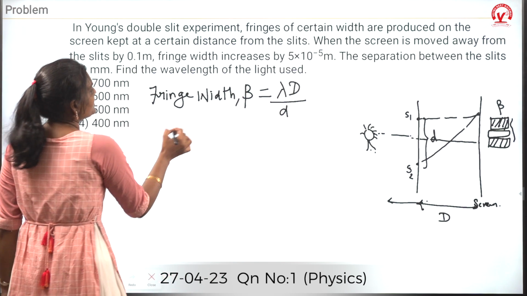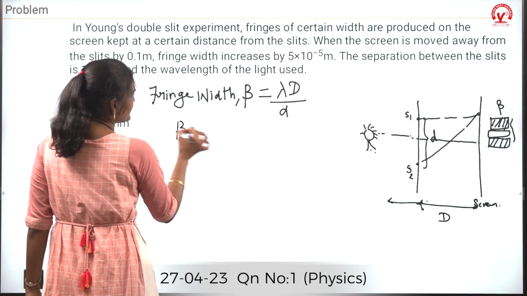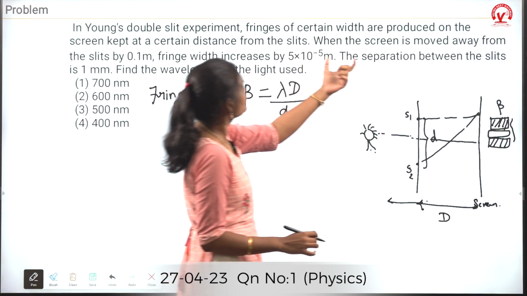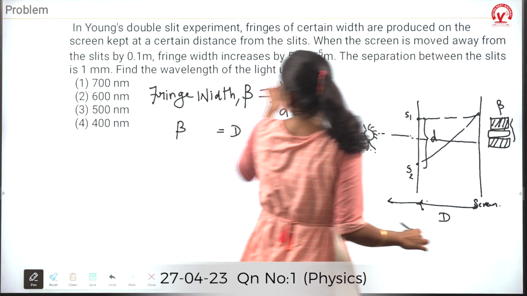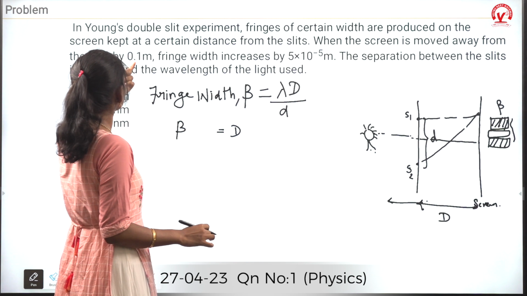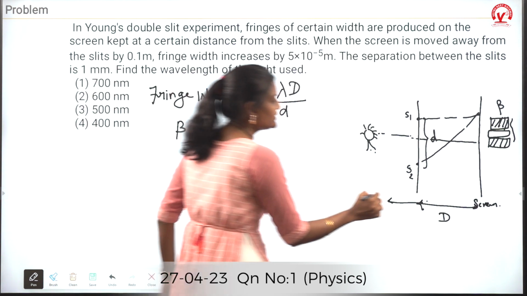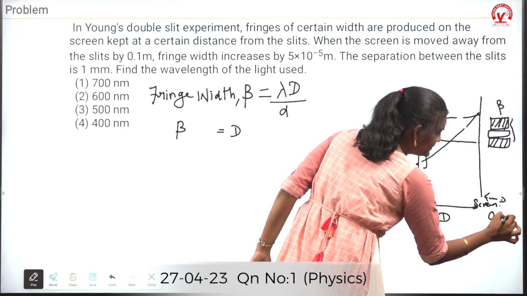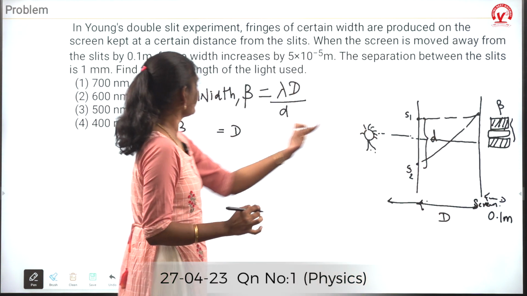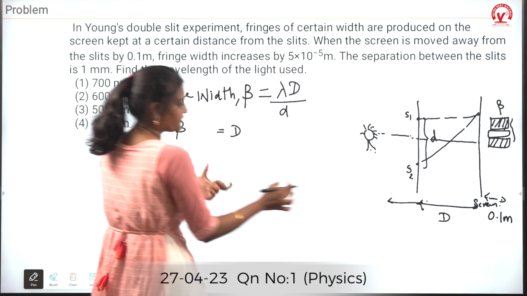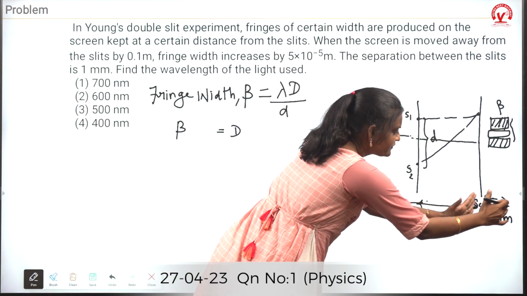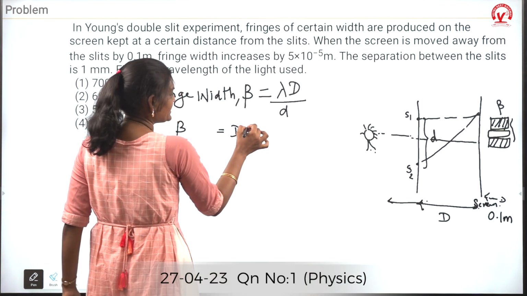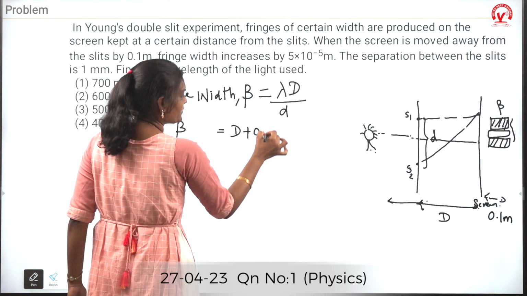They have given that the screen is moved away from the slit by 0.1 meter. Now the screen is moved a distance of 0.1 meter, so from this distance I am going to add D plus 0.1 meter.